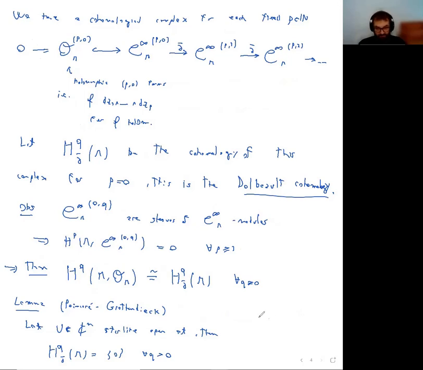This del bar is actually a very important operator, so maybe just a small excursus. One standard thing to do is solve equations of the form del bar of f equals u for u given. So you're given a u and you want to solve del bar of f equals u, maybe with some boundary conditions as well.